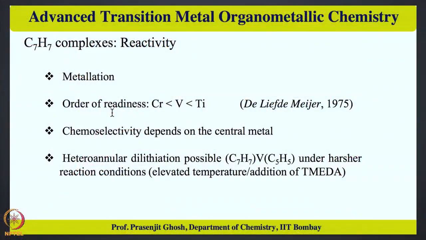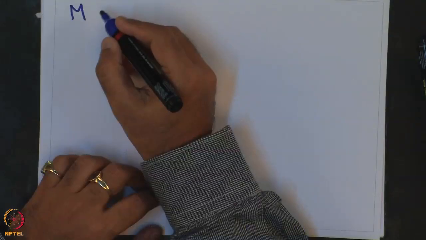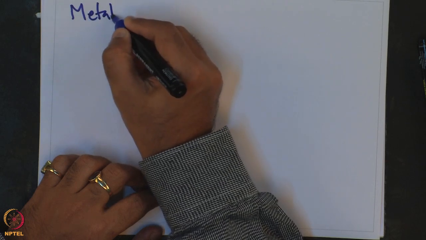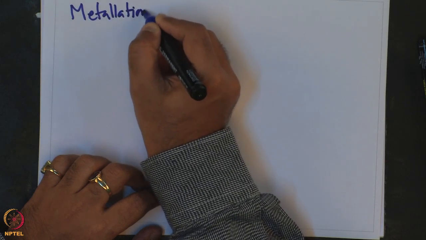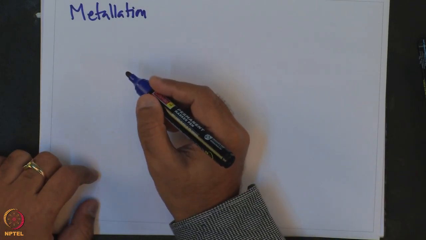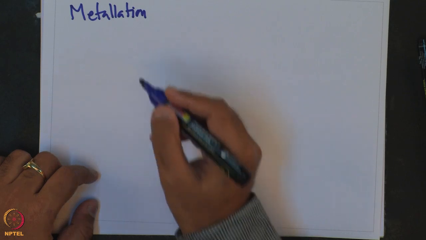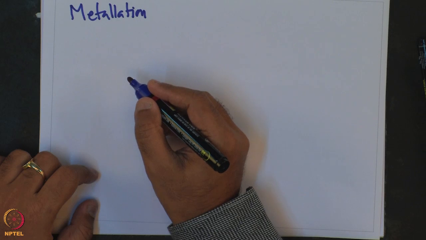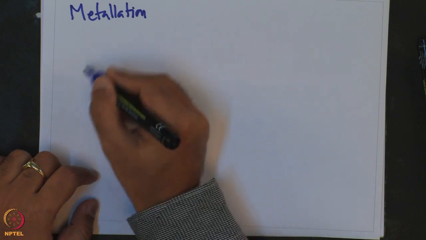So, we are going to take a look at the methylation part of the C7H7 complexes, and methylation is an interesting reaction that the C7H7 transition metal complexes exhibit, and the order of readiness is given by chromium being less than vanadium, being less than titanium.